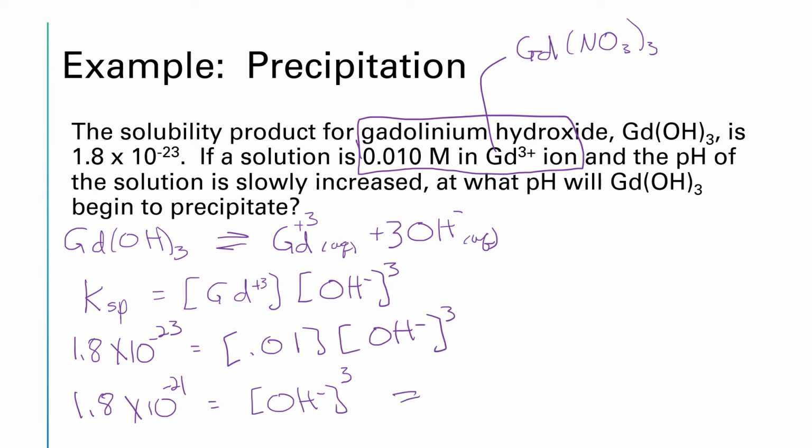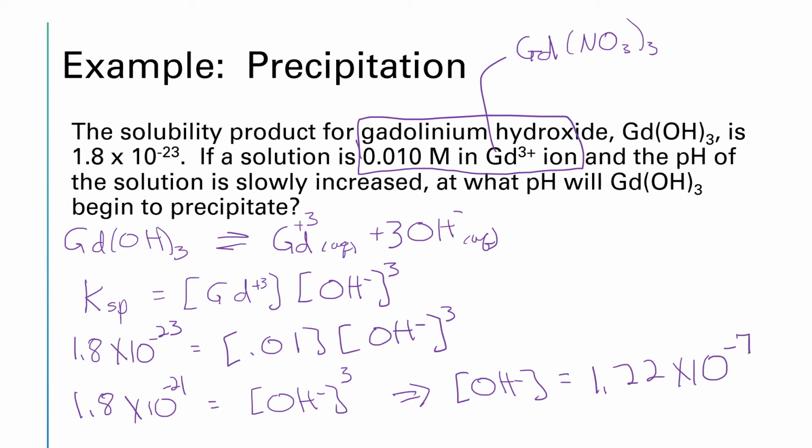And so then in order to get the hydroxide ion concentration, we would take the cube root of both sides. So second, the x root of y, I'll type in a 3. And now let's flip that back over to scientific notation, and I've got a hydroxide ion concentration of 1.22 times 10 to the negative 7.